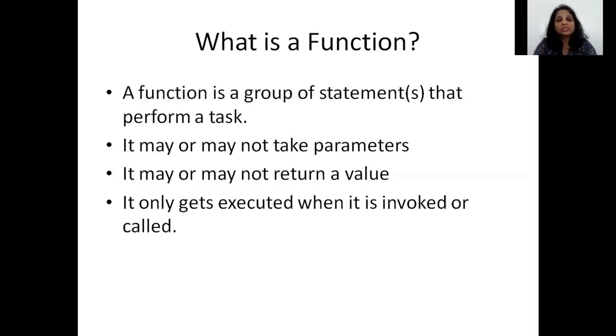So some functions require parameters, some functions do not. In this scenario, pow required 2 parameters, whereas sqrt took only a single parameter. That is what I mean by it may or may not take parameters. I will show you a function that does not take parameters in the examples to follow.